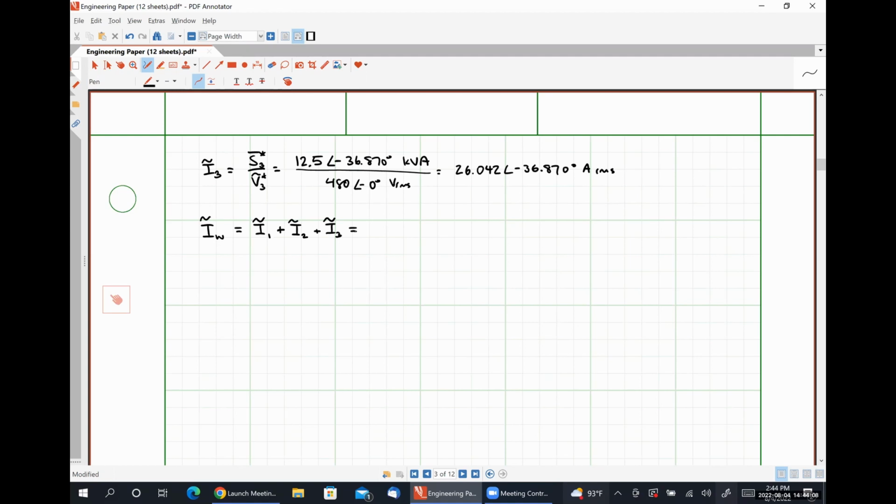If I add those three numbers together, I get 121.540 angle 6.182 degrees.